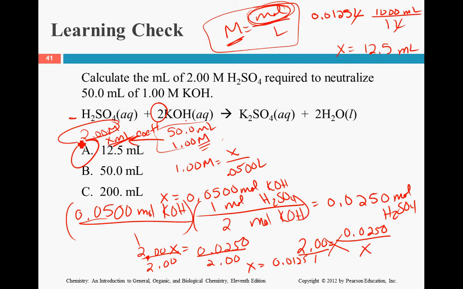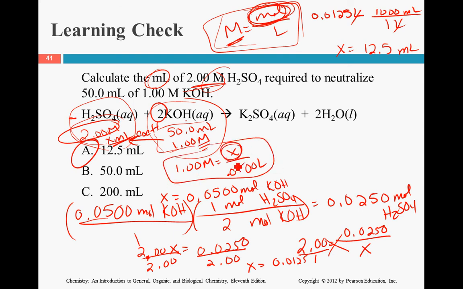Now to review what we did, we're looking for the milliliters of this molarity, which we see the M, that automatically means we're going to be using moles over liters. So there's our information for this one. To neutralize 50 milliliters of 1.0 molar solution, we have our information right here. Once again, molarity, moles over liters. In order to get from the KOH over to the H2SO4, we need to use coefficients. In order to use coefficients, we need to get it into moles. So we need to get this top number here. So that's what we did here.